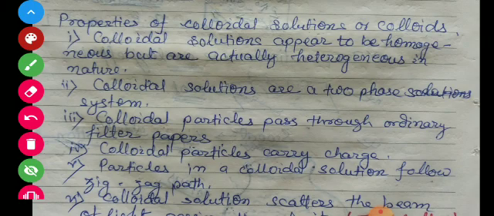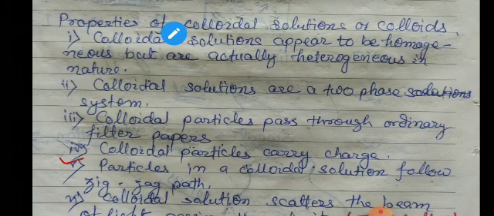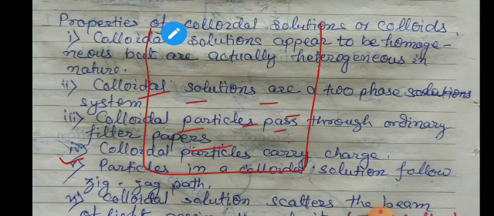After that, we will discuss the fifth property of colloidal solution: particles in a colloidal solution follow a zigzag path. Again, we can see in this diagram, suppose this is a colloidal solution. The colloidal particles follow a zigzag path. That means they are not at rest.